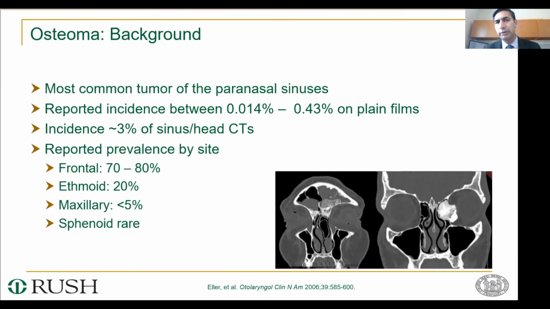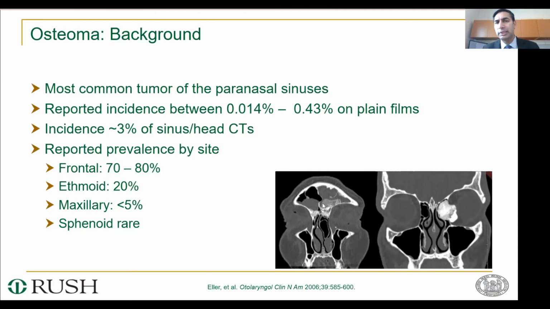When you look at plain films, the reported incidence can range anywhere from 0.014% up to 0.43%. If you were to use CTs, the incidence that's reported can go all the way up to about 3%. These most commonly occur in the frontal, followed by ethmoid. Maxillary and sphenoid are much more rare.